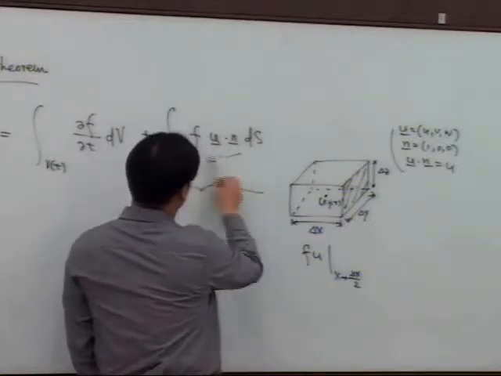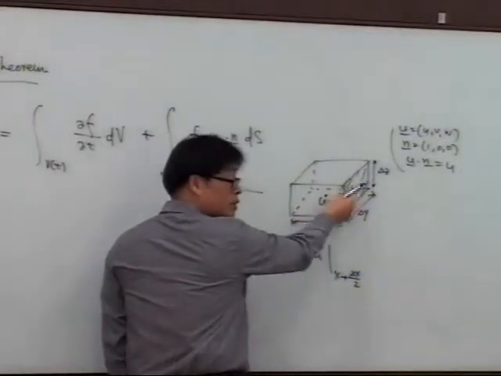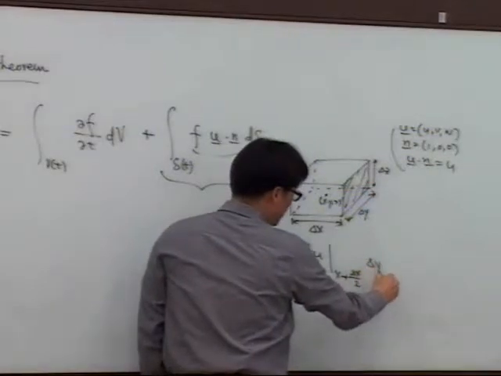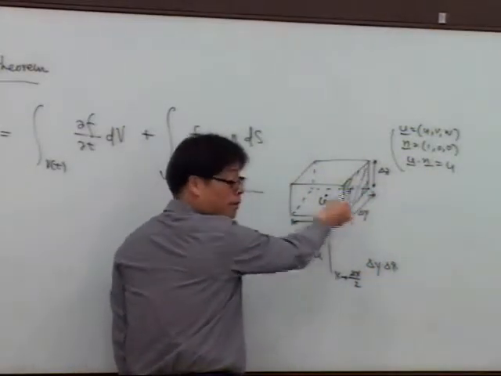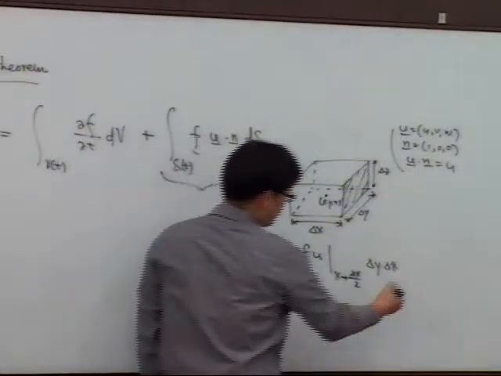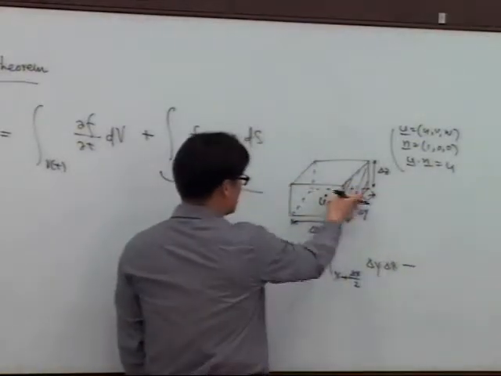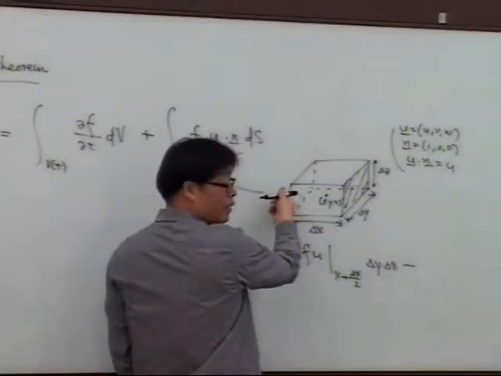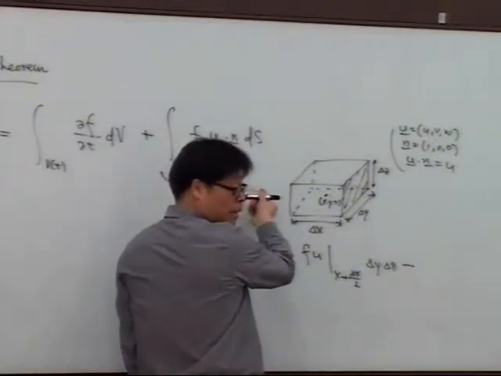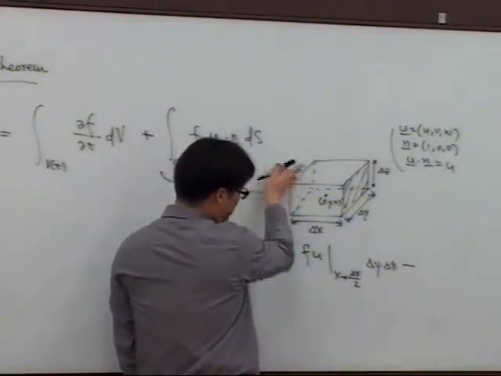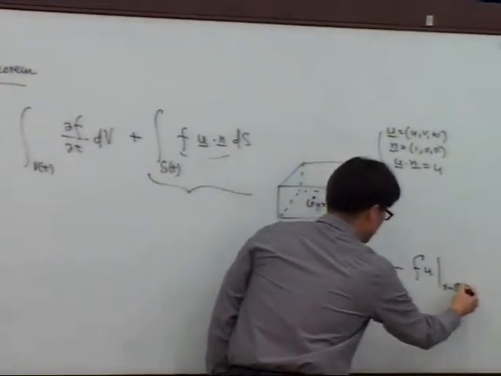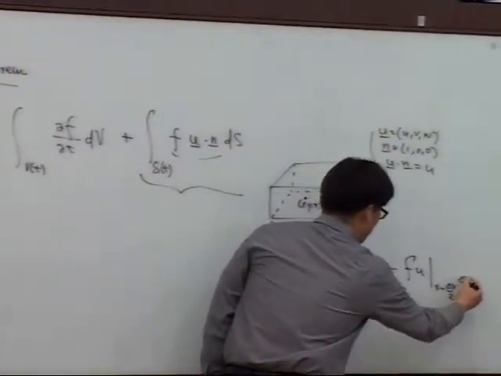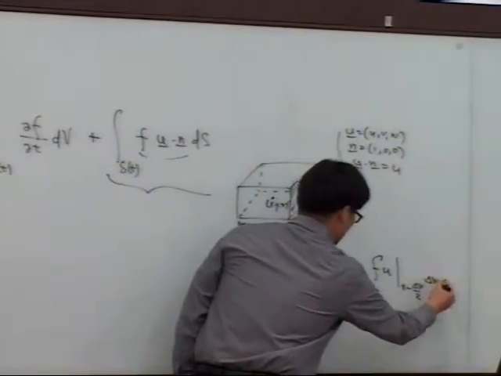That's what this is on this surface, multiplied by delta y delta z. That's the area of this face, right? And then we take the difference between this and this, because the normal vector is minus 1 on the other face. So you have f u evaluated at x minus delta x over 2, times delta y delta z.